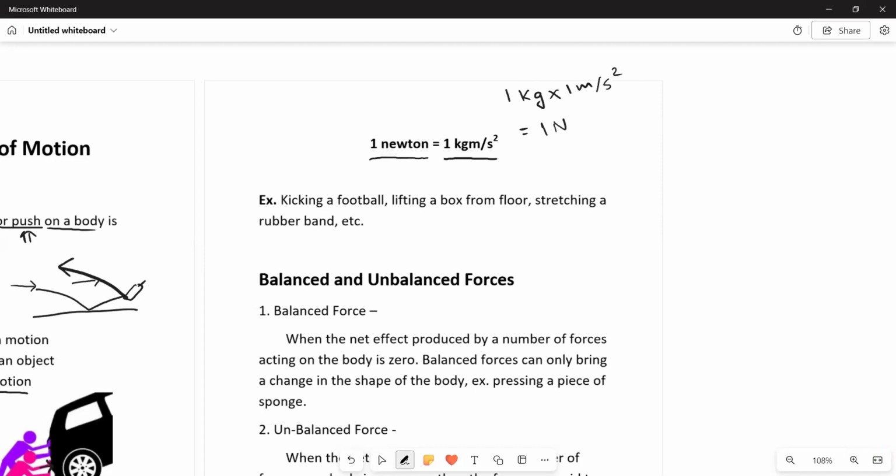And this is what is written over here, that 1 Newton is equal to 1 kg meters per second square.